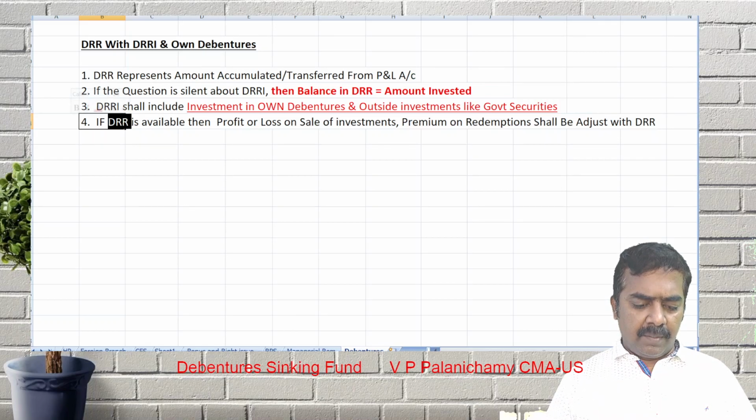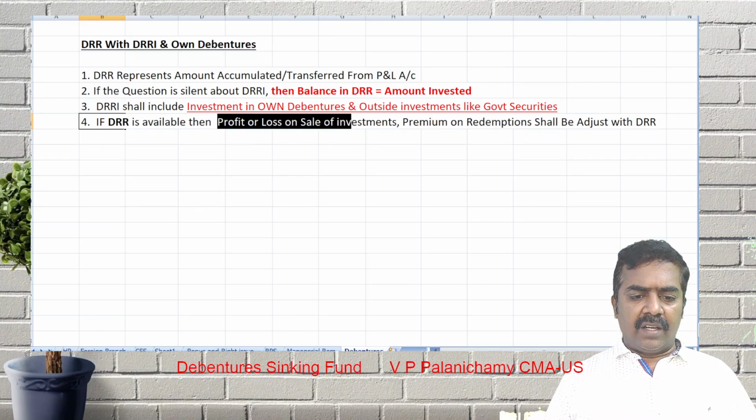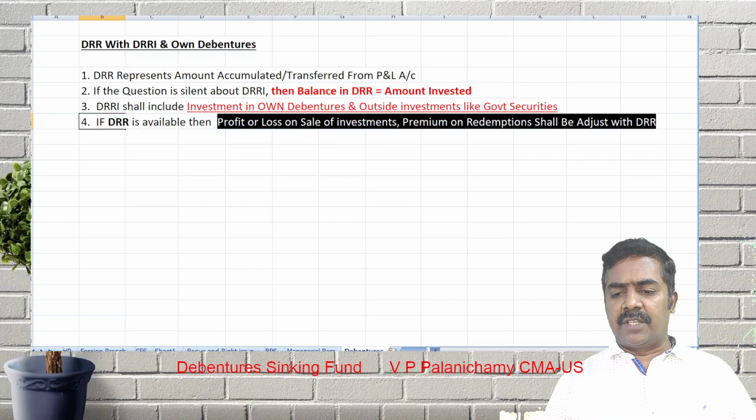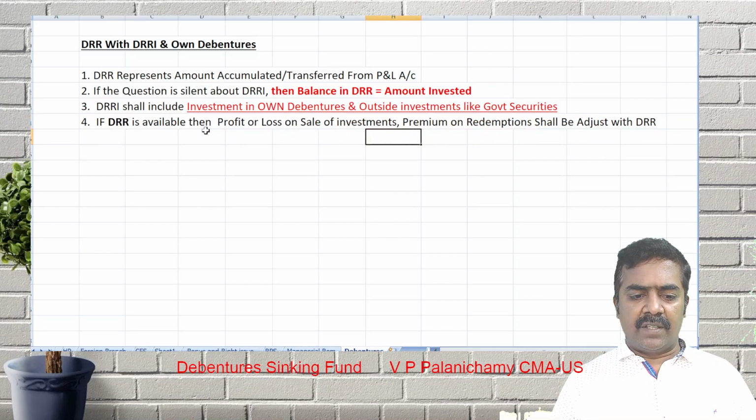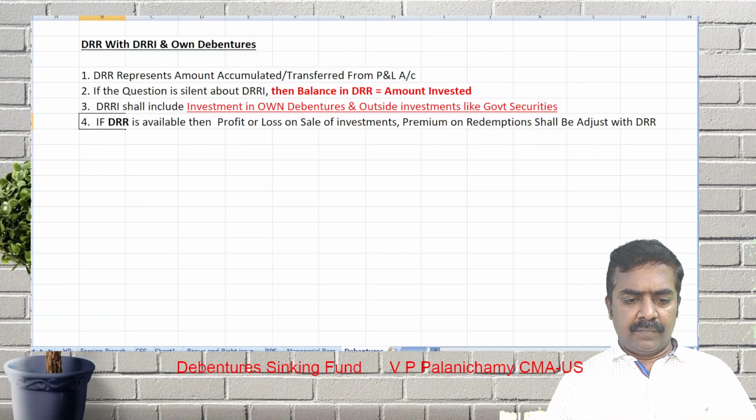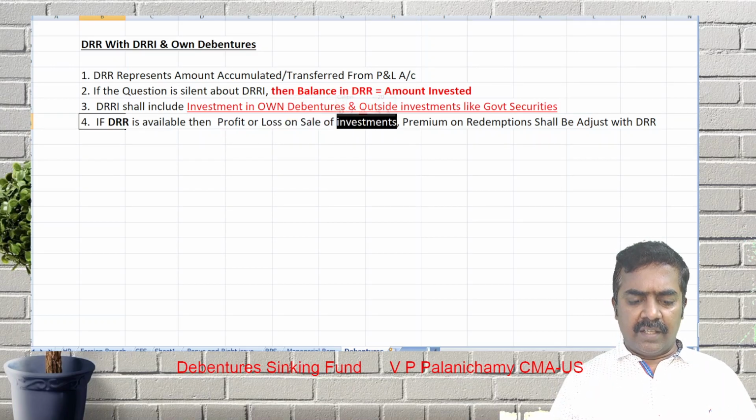If debenture redemption reserve is available, what can you do with the profit or loss on sale of debenture redemption fund investment and premium on redemption? You can adjust with which account? Debenture redemption reserve fund itself. Investment DRRI.